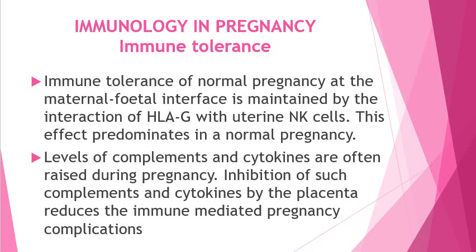This effect predominates in a normal pregnancy. Levels of complements and cytokines are often raised during pregnancy. However, there is inhibition of such complements and cytokines by the placenta. This in turn reduces immune-mediated pregnancy complications.